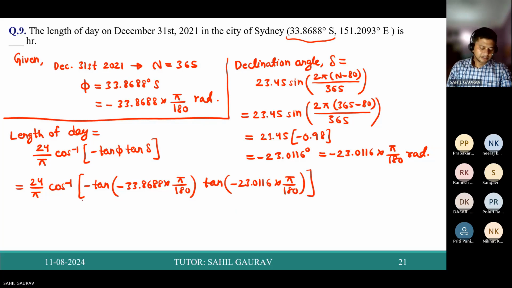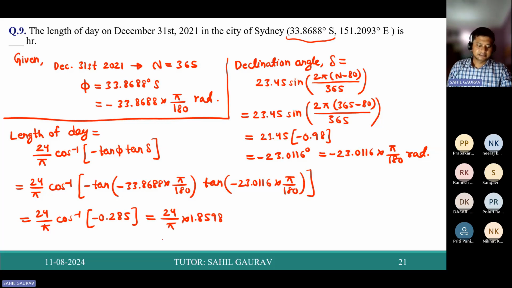So if you do the calculation, then you will get 24 by pi cos inverse of minus 0.285. So 24 upon pi into 1.8598. So this will be 14.20883 hour.